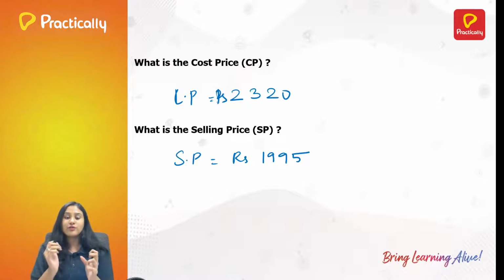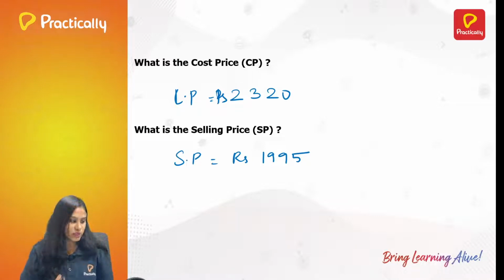Right? So now we have seen what is cost price. We have also found out what was the selling price. Now tell me, just look at the screen and tell me, is cost price more or selling price more? Come on, type it in the comments. I'll check. What is more?